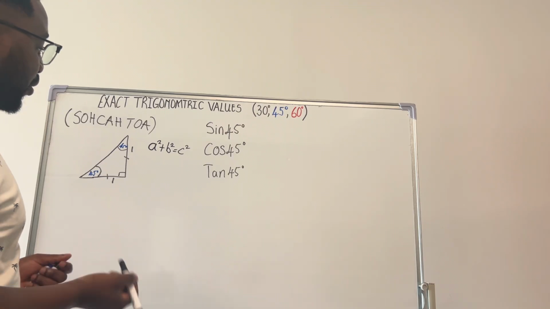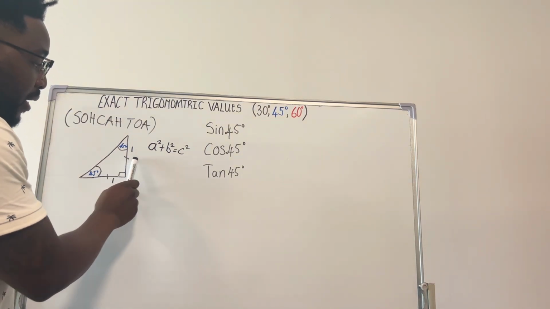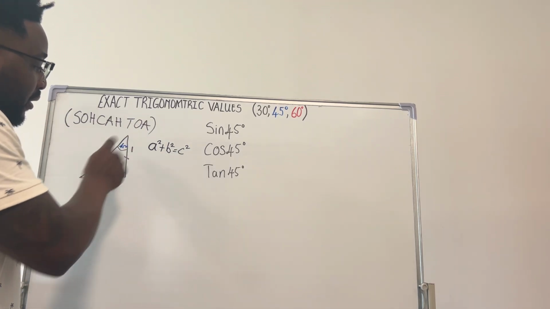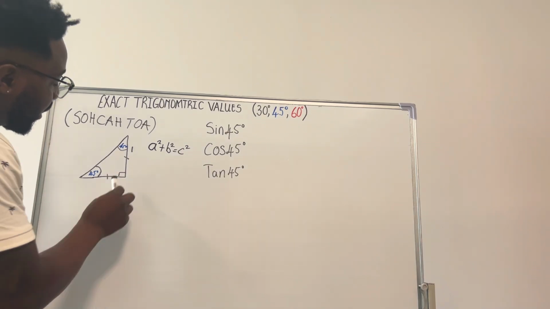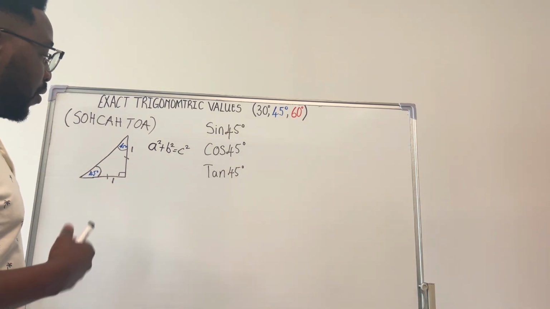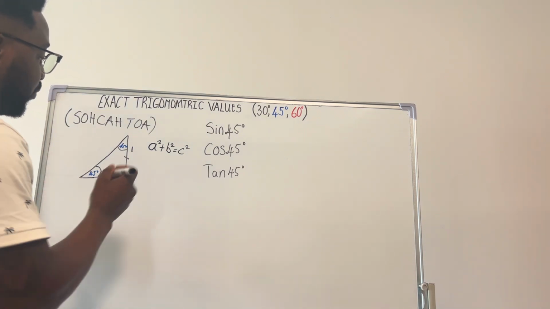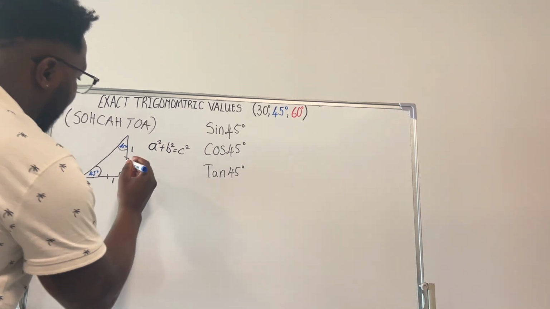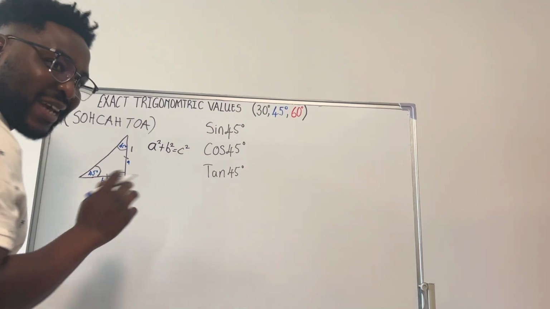We do know that A and B are the two legs over here, these two legs, and C here is the hypotenuse, the longest side of a right triangle, and it is also opposite the right angle. So if you want, you can label this one as your A, let me use my blue marker, I can label this part as my A and this part as my B. Remember, the hypotenuse doesn't change.